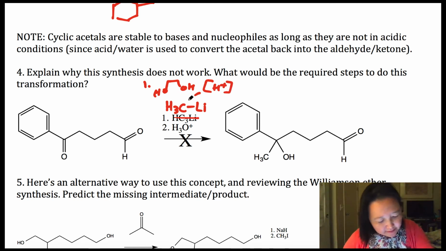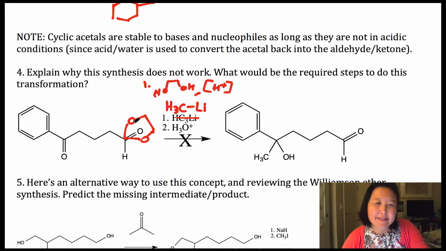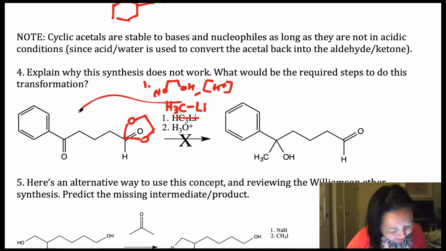I'll just write over this if you don't mind. It'll make this weird little alien. So instead of the carbonyl oxygen, I have the cyclic acetal here, because the aldehyde's more reactive than the ketone. Then I could have this methyl lithium come in and attack my ketone.